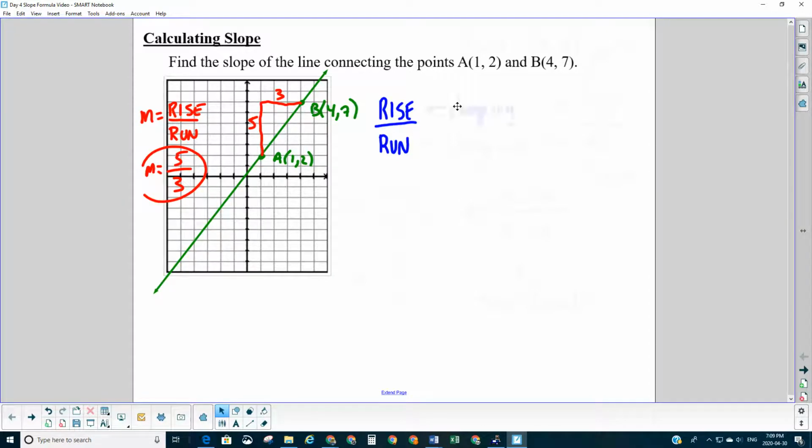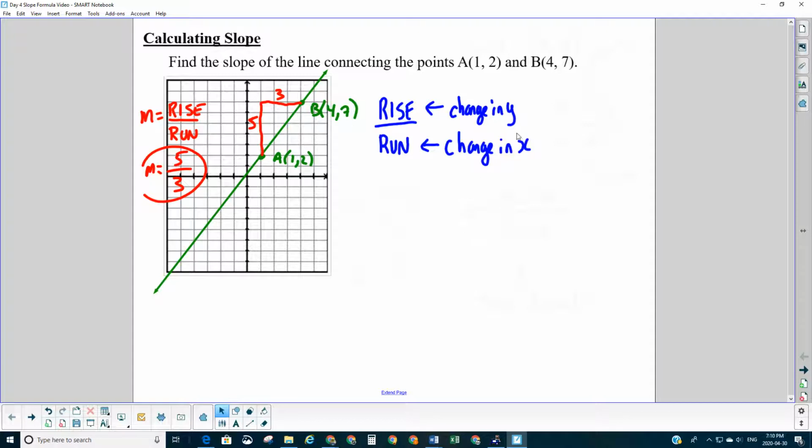We can think of that as the change in the y values. You see the y value here starts at 2 and then it goes up to 7. So this rise describes the change in the y values, and therefore the run talks about the change in the x values. It starts at 1 and goes all the way over to 4.